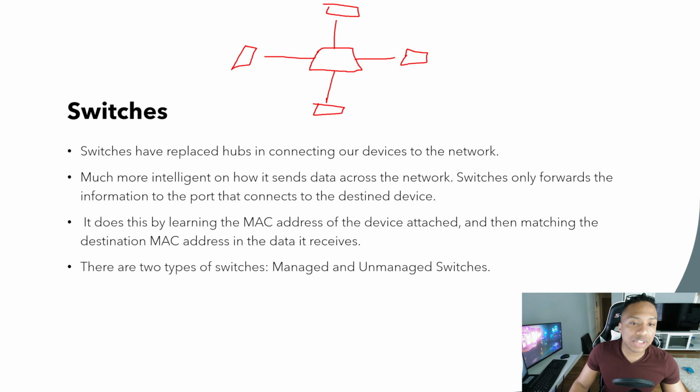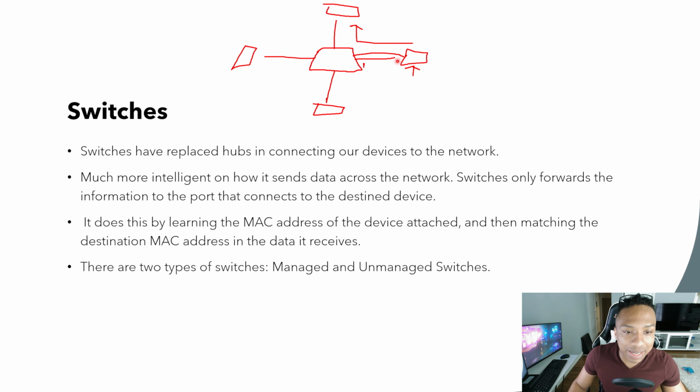So essentially, let's just say this computer here wants to send data up here. So on a very basic level, this is what's going to happen. The computer will send data to the switch. It has to go through the switch. The switch will see that this computer, which is connected on this port, let's just say this is port number 1.